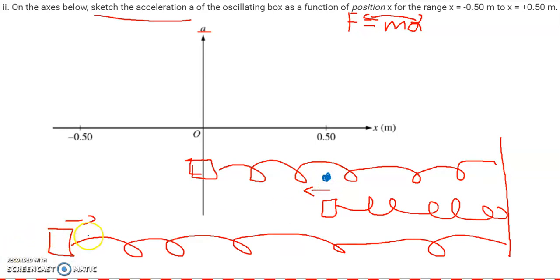And when we're over here at this point, we know we have a rightward force, we have some sort of positive acceleration. And we know right in the middle at the equilibrium point, there is no force, and so no acceleration. So your graph should look something like this.